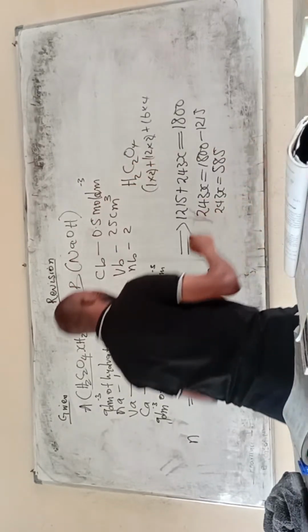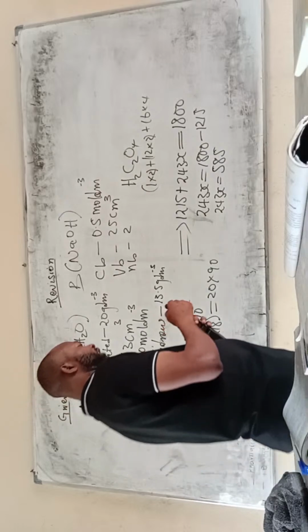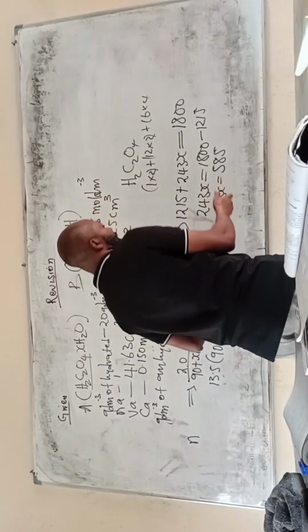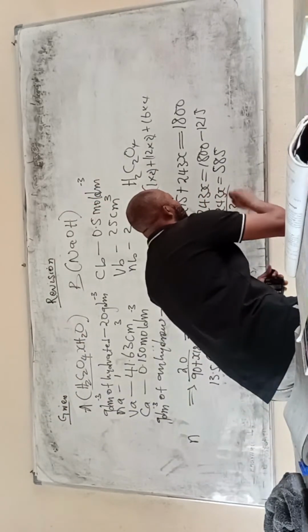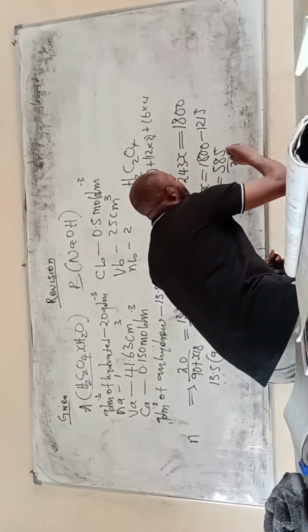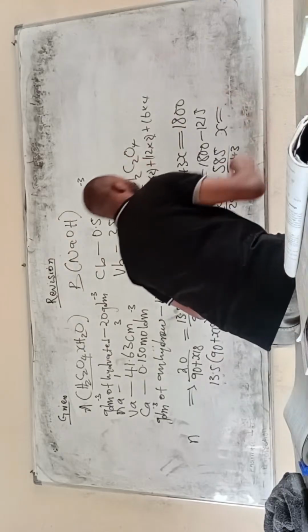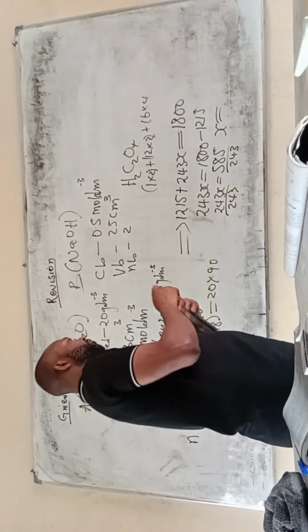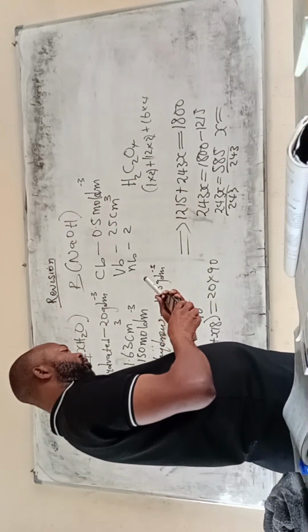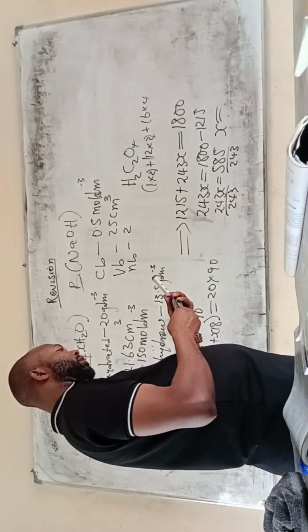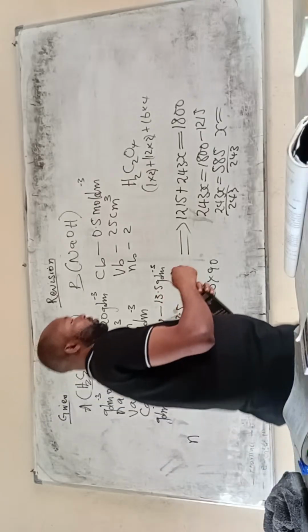Therefore, if I divide both sides by 243, my x is equal to what? 585 divided by 243, that is 2.4.